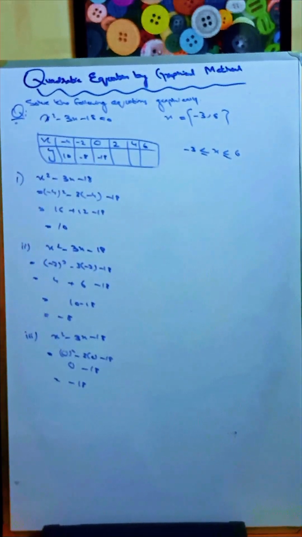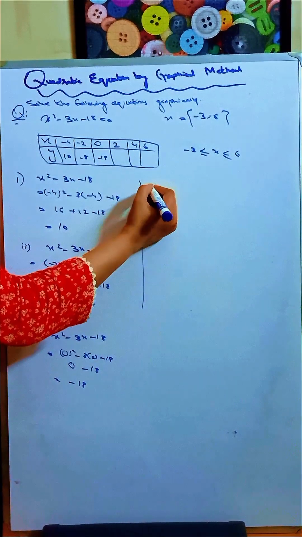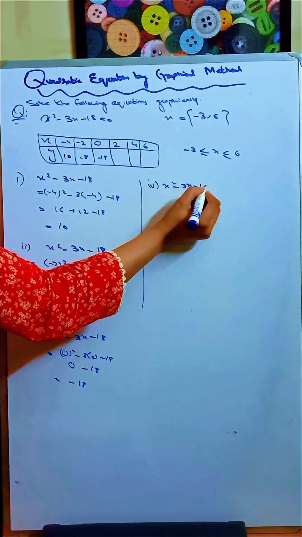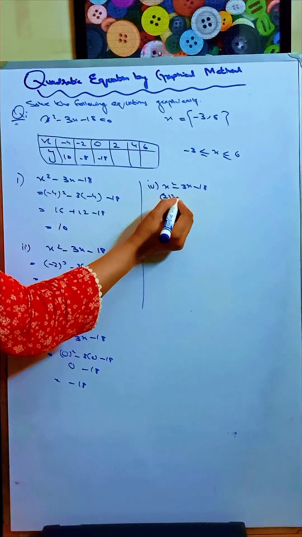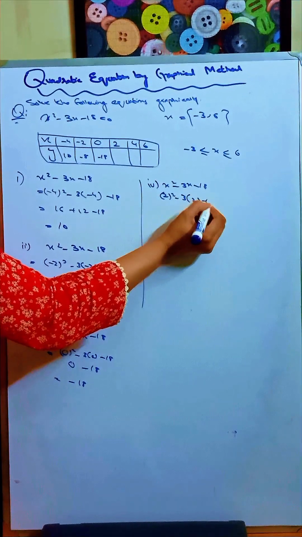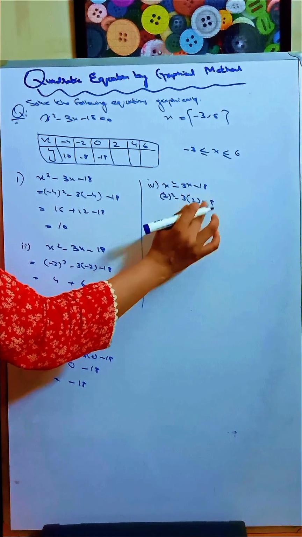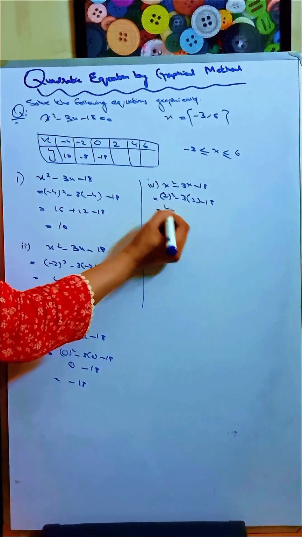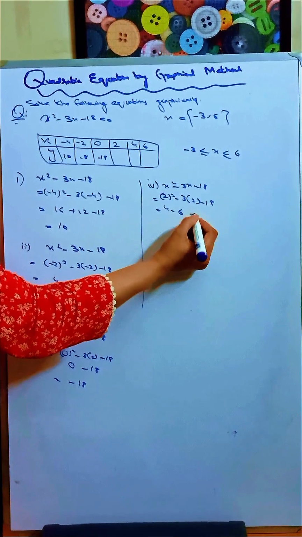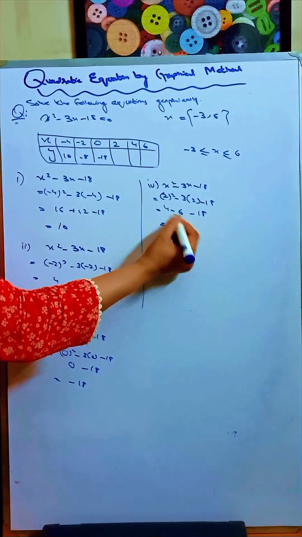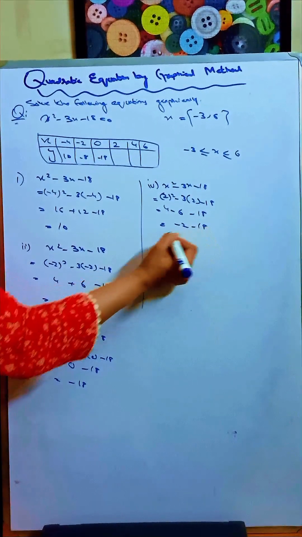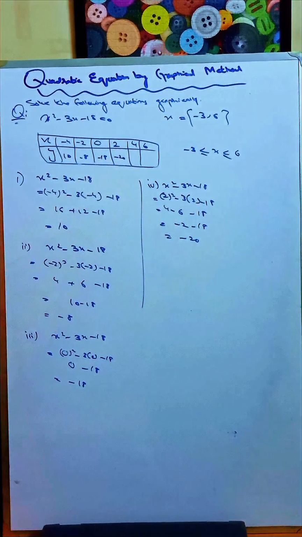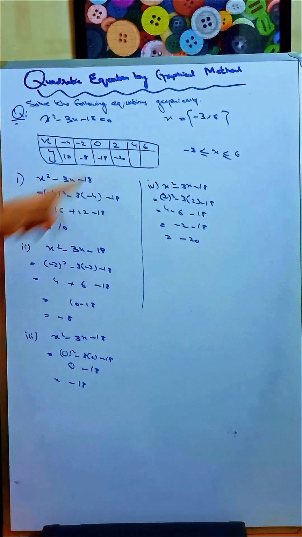Alright, now step number 4. x squared minus 3x minus 18. x is 2: 2 squared is 4, minus 3 times 2 is 6, minus 18. 4 minus 6 is minus 2, minus 18 becomes minus 20. So if x is 2, then y is minus 20.